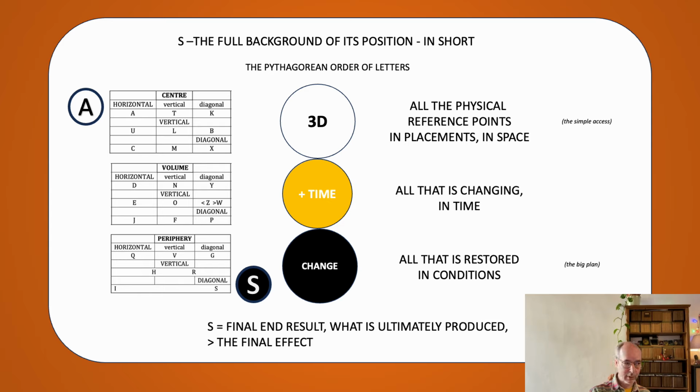It's the visualization which you can immediately visualize and pinpoint in our current space. It's a very simple access. All the words, all the letters have such a kind of easy access. But then you also have the things that are not immediately formed, that need some time, that are in development, are changing.